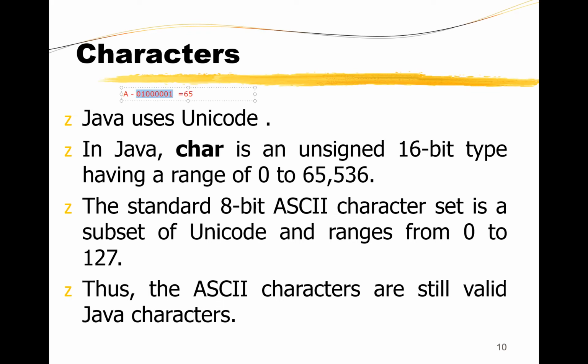That is how capital A is represented in ASCII, which is equivalent to 65 in decimal. Now, when it comes to Unicode, how is it represented in Unicode? Okay, figure it out.